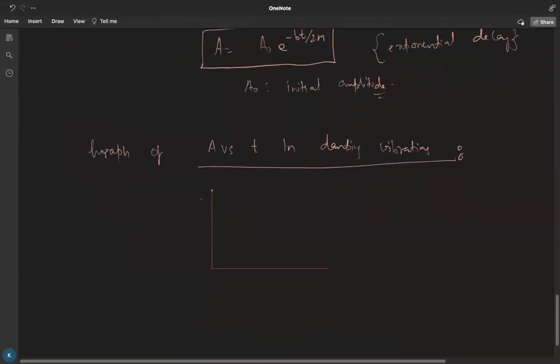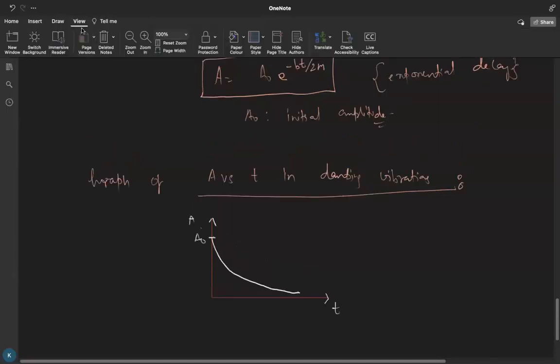So let us consider this axis representing the A, and this axis representing the time. So this is our amplitude at time t equal to 0, right? And it decays. So it's something like this. So this is the graph between A versus t.